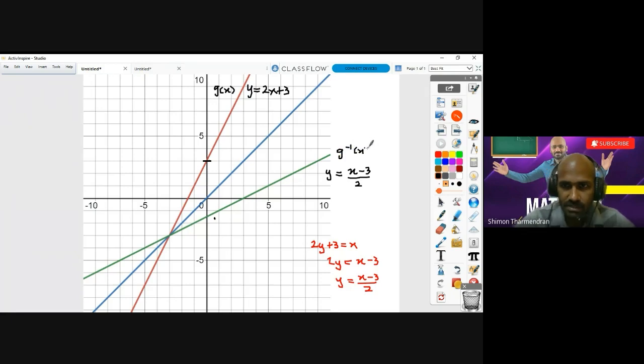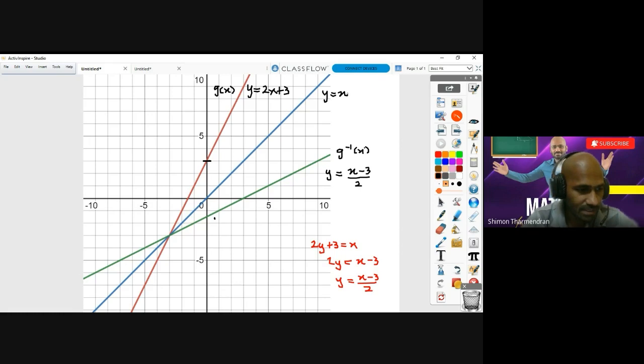If a question requires to make clear the relationship between g of x and g inverse x, you got to draw the blue line here, and this line is y equals x, because g inverse is a reflection of g on the line y equals x. The inverse function is a reflection of the original function on the line y equals x, and this is a fixed thing.